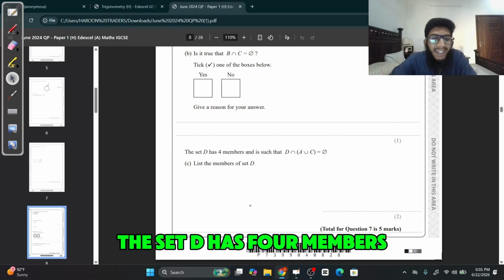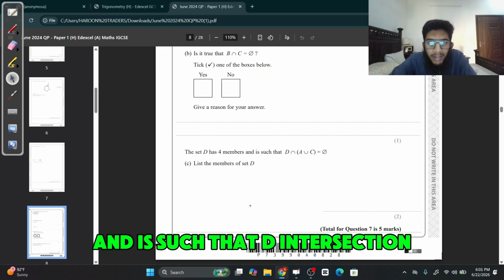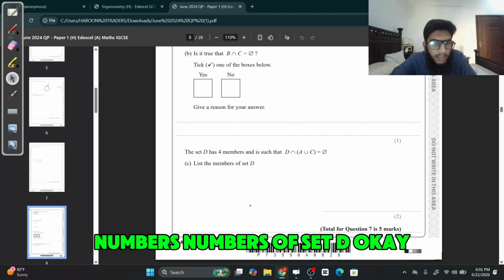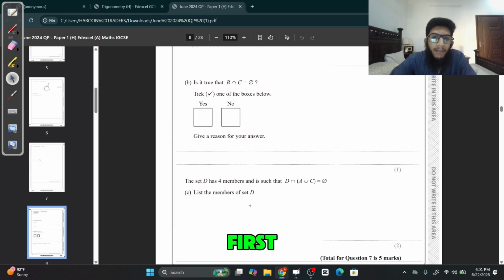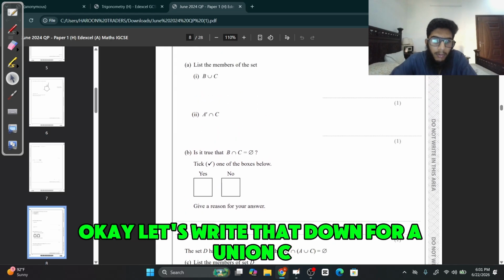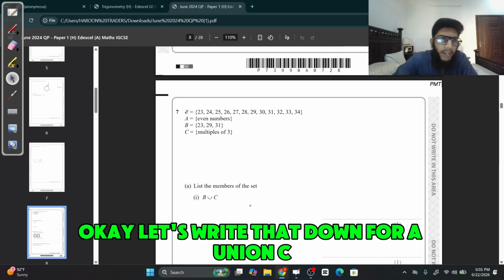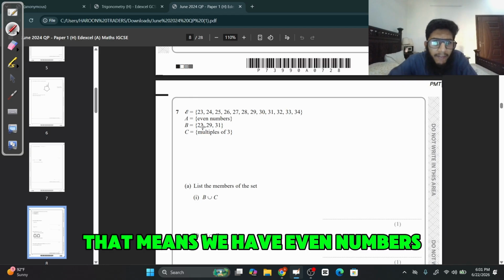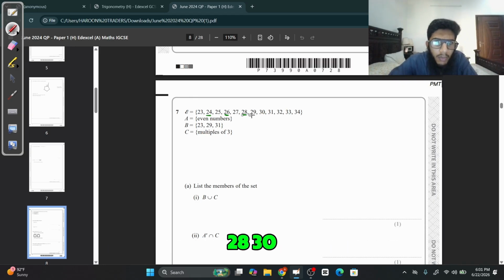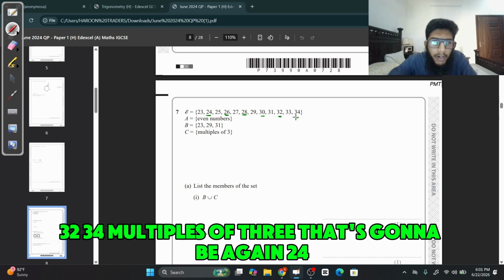Part C, the set D has 4 members and is such that D intersection A union C is equal to nothing. Listen, we need the numbers of set D. First, you have to find out what are the numbers of A union C. Okay, let's write that down. For A union C, we have even numbers: 24, 26, 28, 30, 32, 34.